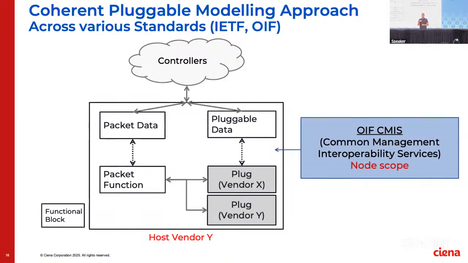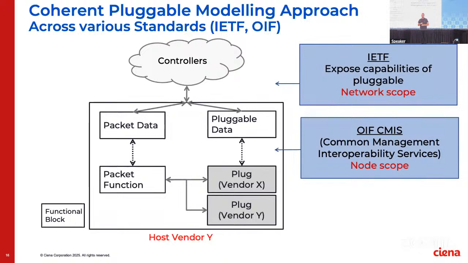From the northbound of the router, we are exposing the characteristics of the router and pluggable to the outside world. And this is the work of IETF: how the characteristics of the pluggable should be exposed, which data model to use, how to do it, how they are related. Even if I don't say anything, you should assume that these two protocols should work together if I want to really have a workable system.